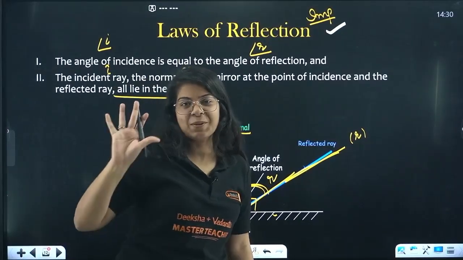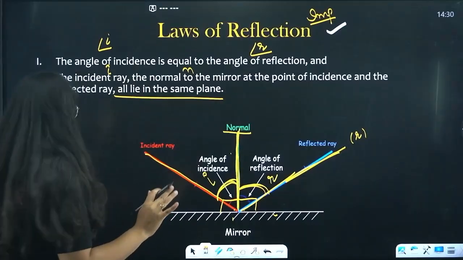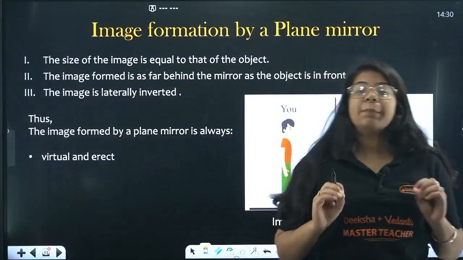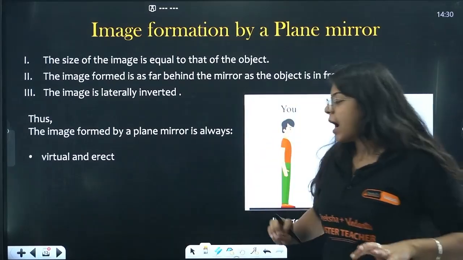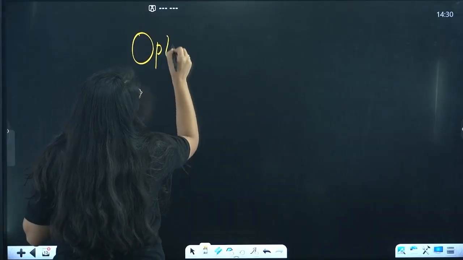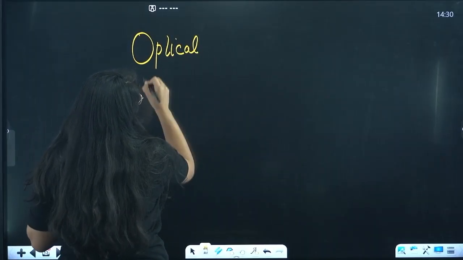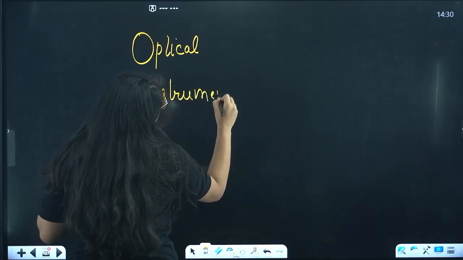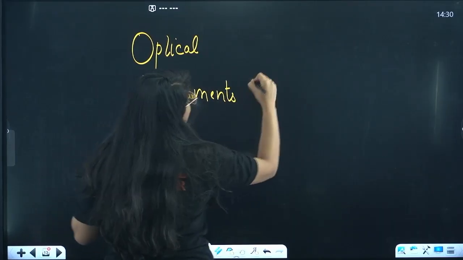It was easy. Okay? Now beta, after this we are going to study image formations. We are actually going to study something called optical instruments. Now in these optical instruments, beta, technically in this chapter we have two parts.